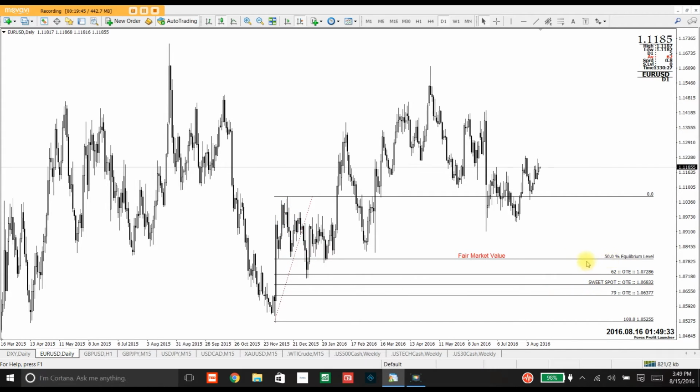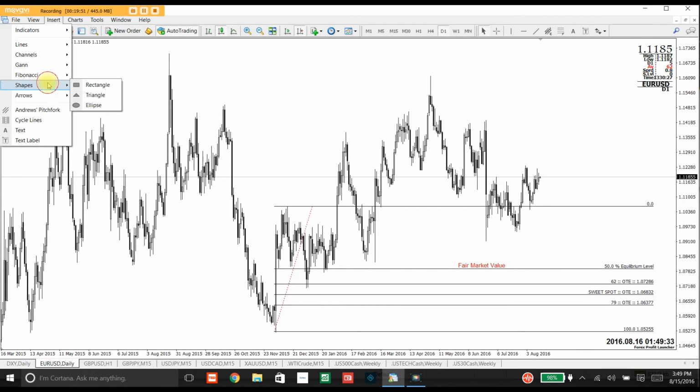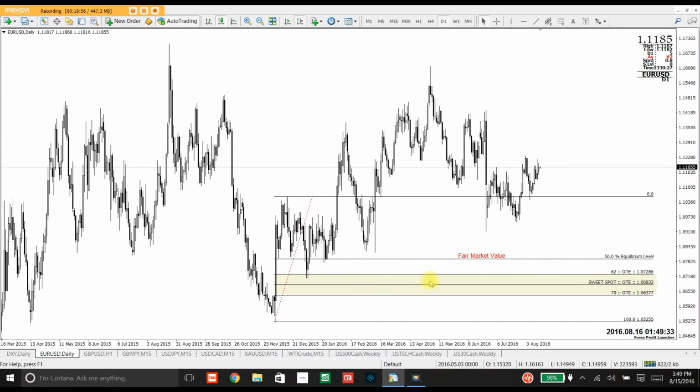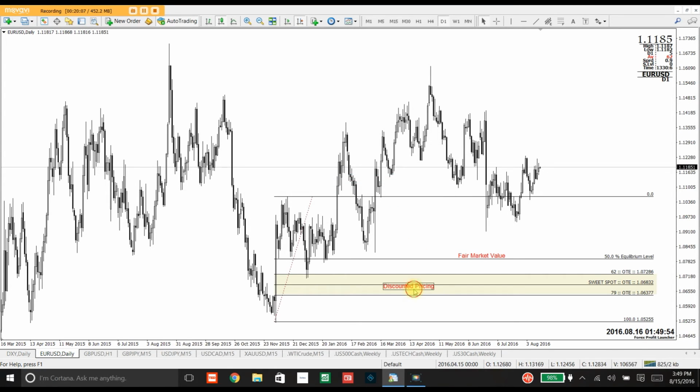Anything below 50%, okay, we're going to go back to my chart here. We're going to insert shape, rectangle, 62 to 79%. Anything inside of here is what we consider to be discounted pricing. Okay? And this is where they want to do their buying, inside of here.